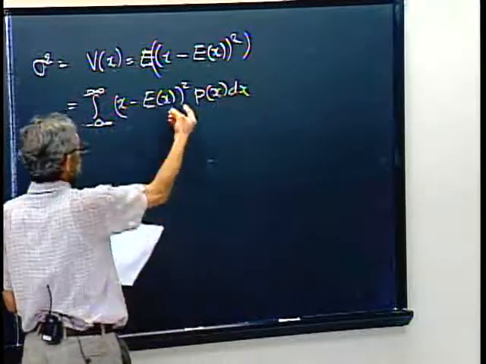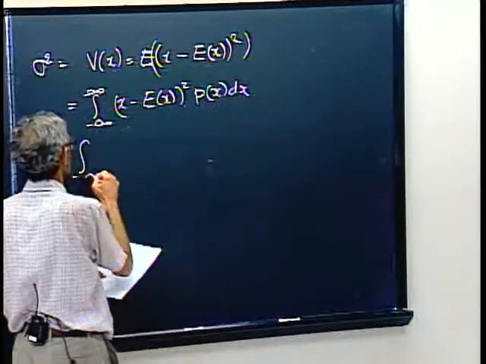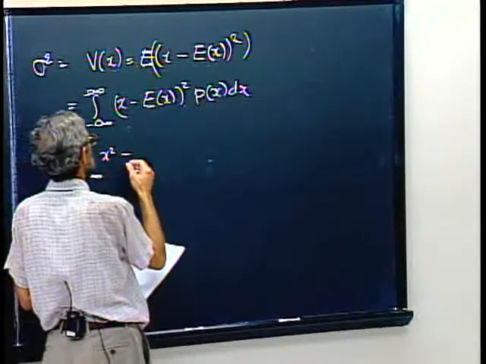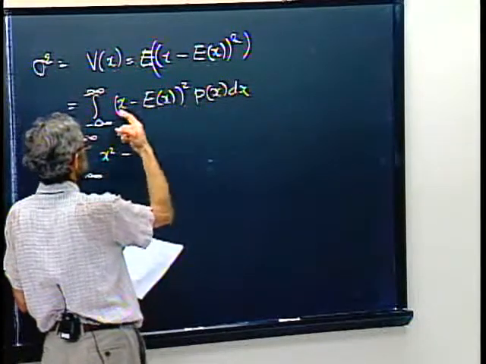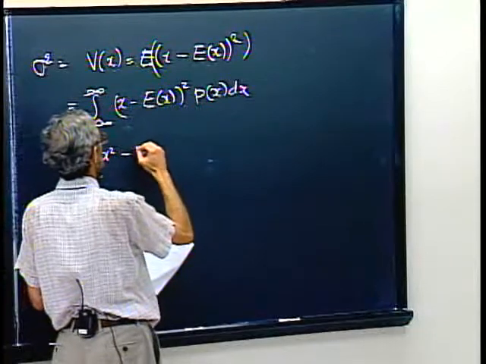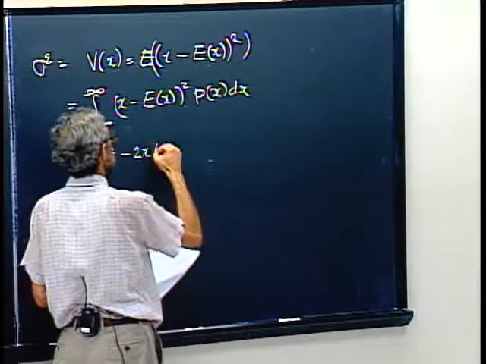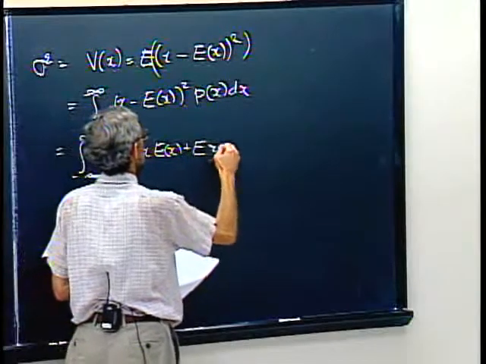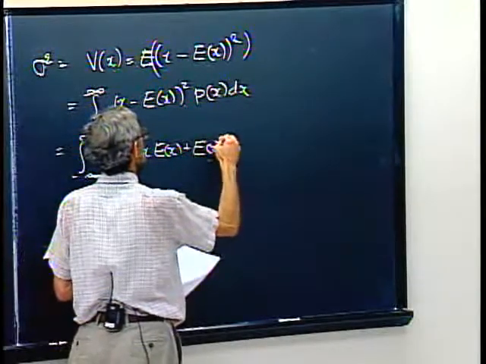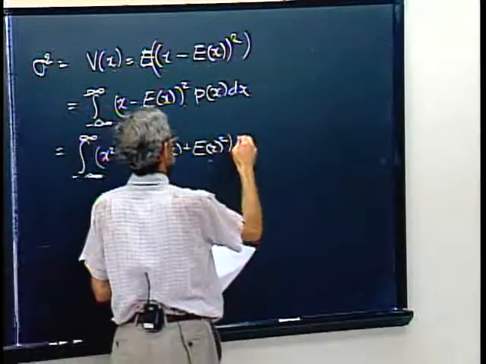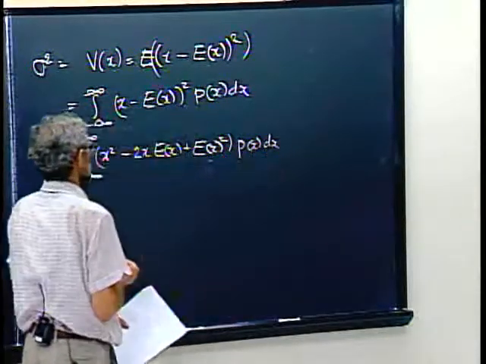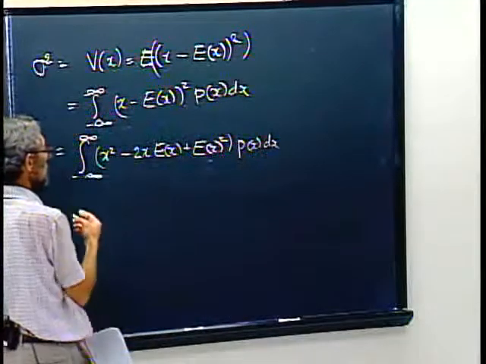And now I'm going to multiply out what's under there. x squared minus, and this could have been a function too if I wanted, twice x E of x plus E of x squared times p of x dx. Okay, so I've got three terms here.